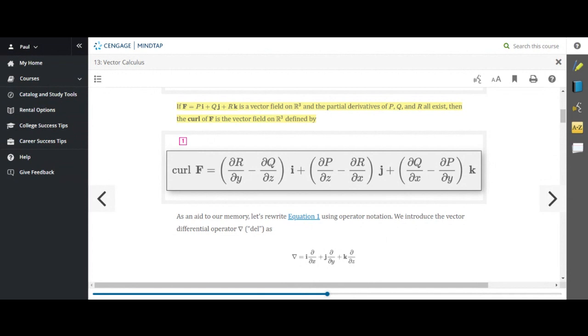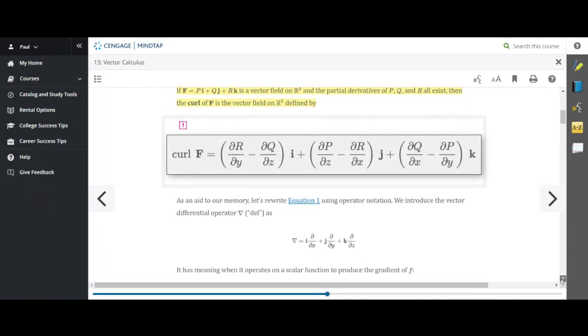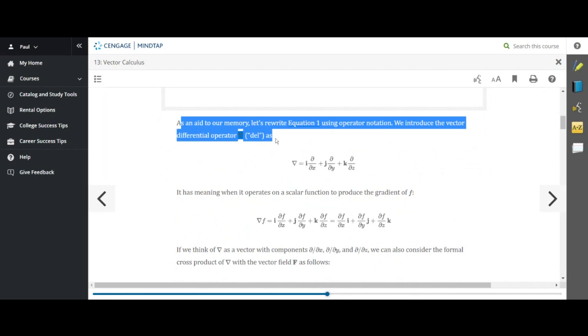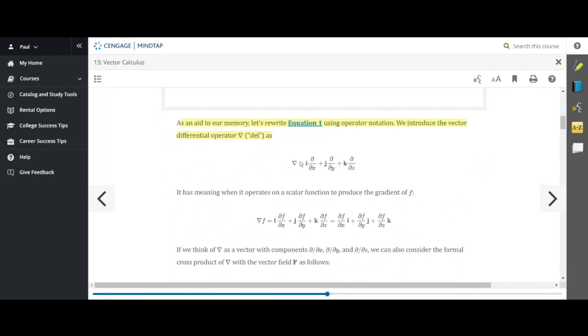I agree. So there's a way that you can get the curl of a vector field very nicely. As an aid to our memory, let's define an operator, a del operator, as what you see there.